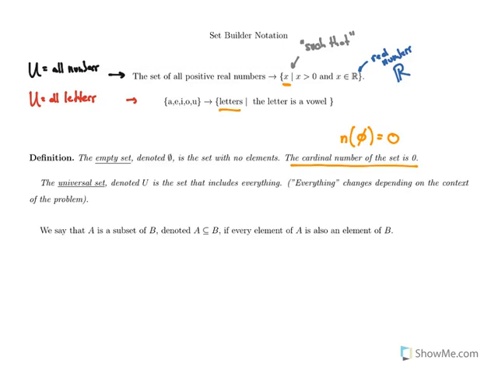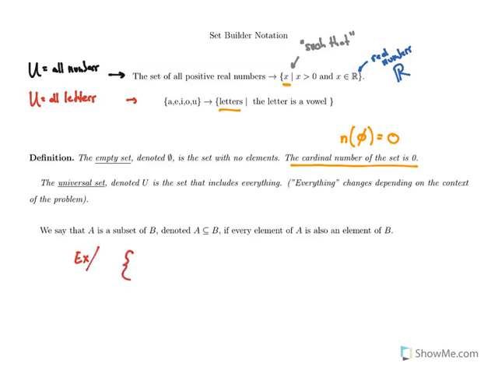Next, we say that A is a subset of B. We denote that A, we call this subset of B. It's like a less than or equal to sign, kind of. If every element of A is also an element of B. So let's look at an example.